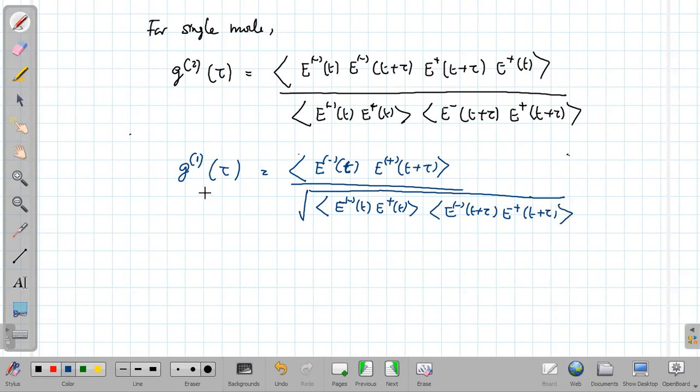So this is the first order normalized coherence function, and that was the second order normalized coherence function.